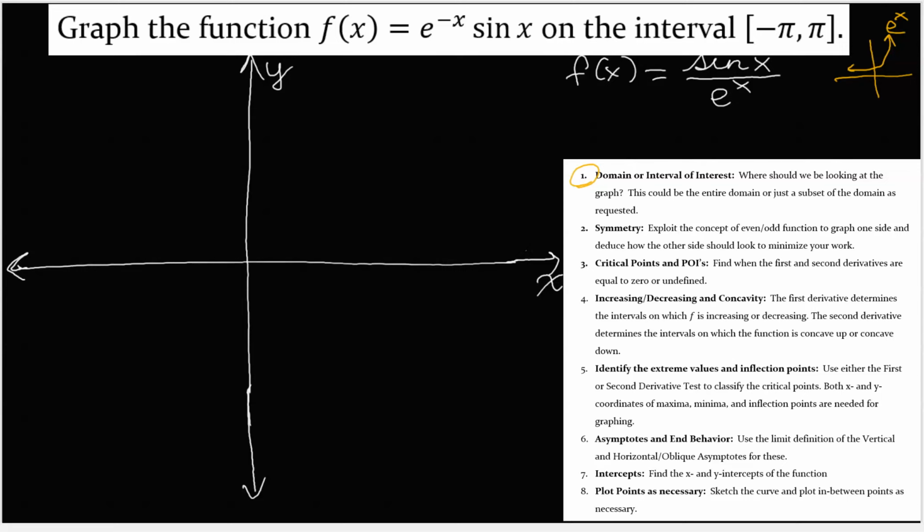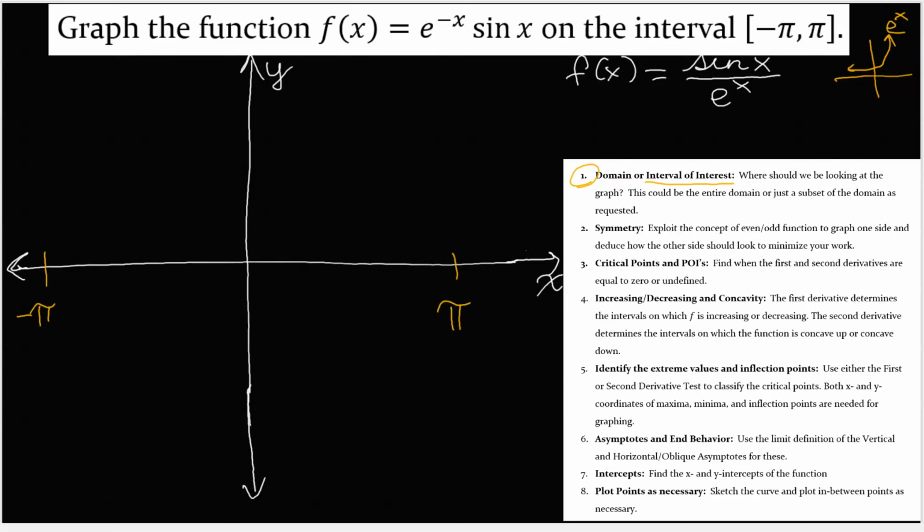And then sine of x has all x values in its domain, so no restrictions here. However, the question said we are only graphing it between negative pi to pi. So that's what we mean by domain or interval of interest. The interval of interest in this case goes from negative pi to pi.